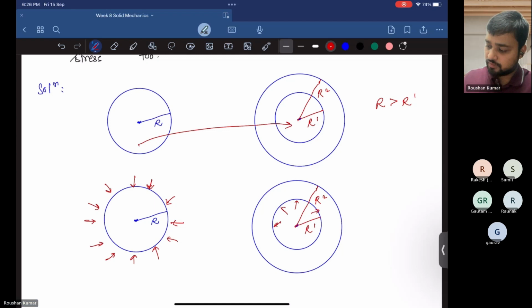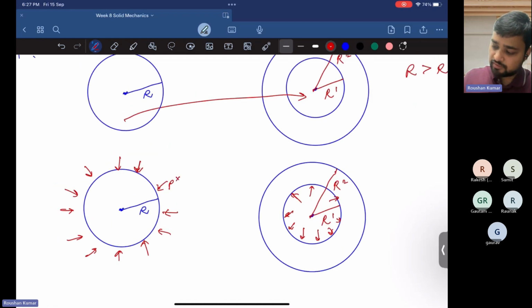So in this case, the pressure is acting from inside. Suppose this is pressure P star. Initially the radius is big R. When we do the heat treatment and insert the solid disk into the hollow disk, there is some radial displacement due to the inner radius of the hollow disk.